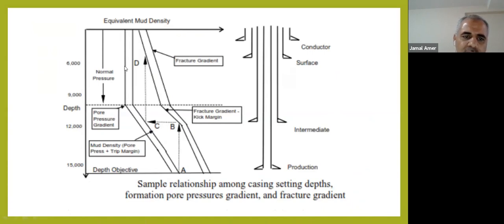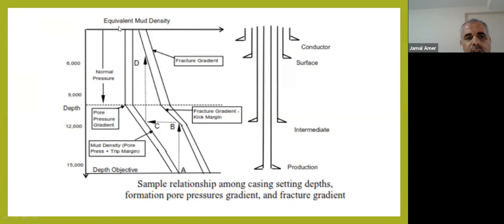Here we have another two lines, this one line and this second line. Between them, we call it the drilling window. We have to drill our well between these two lines. We should not exceed them, otherwise we may fracture and break the formation, or we will get a kick.